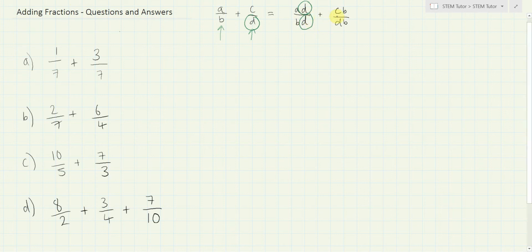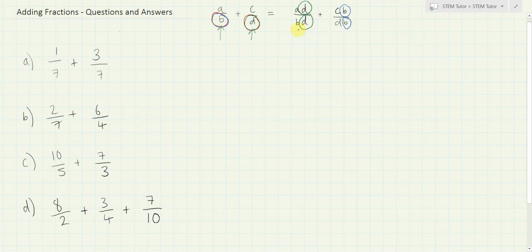Then you rewrite the second fraction, so c over d, and you multiply it top and bottom by the denominator of the first fraction, so in this case b, so c times b over d times b. So you would have a over b plus c over d equals ad over bd, the d coming from the denominator of this fraction, plus c over d multiplied by b over b, so cb over db, b coming from the denominator of this fraction.